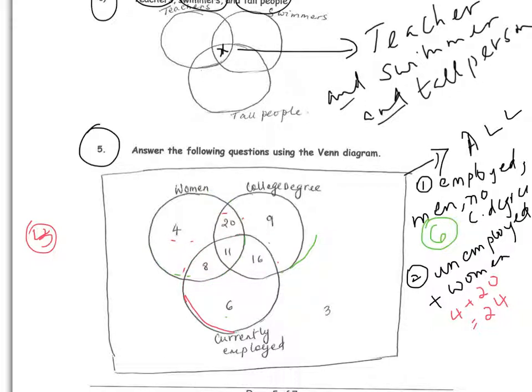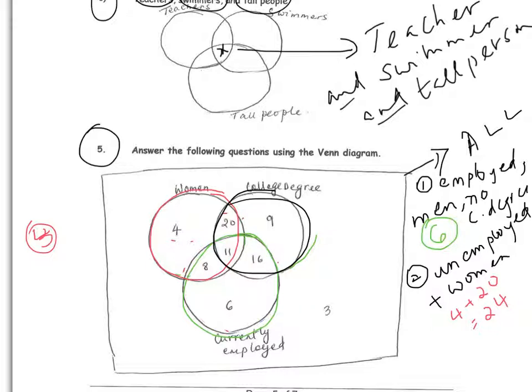So let's think about what this circle is. So if this is the circle of currently employed people, they have to be sitting outside that circle. They have to be men, which means they have to be sitting outside the red circle. And they cannot have a college degree, which means they have to be sitting outside the black circle.